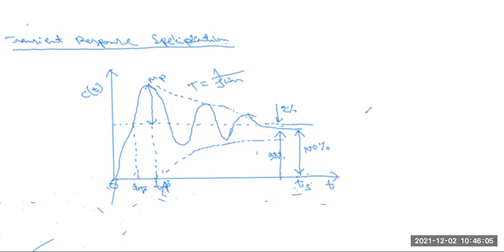So in this graph, we have to know that TR is called the rise time. Another one we have to know is MP, which is called the maximum overshoot.